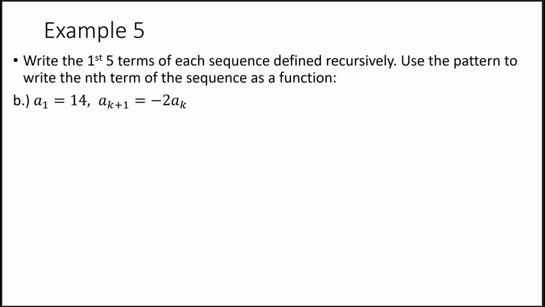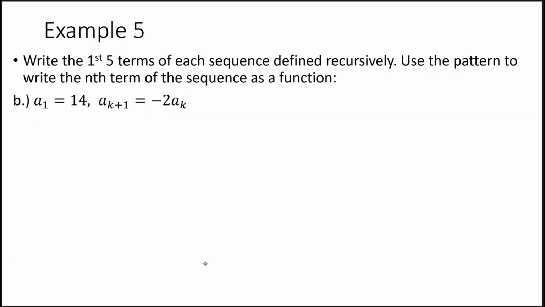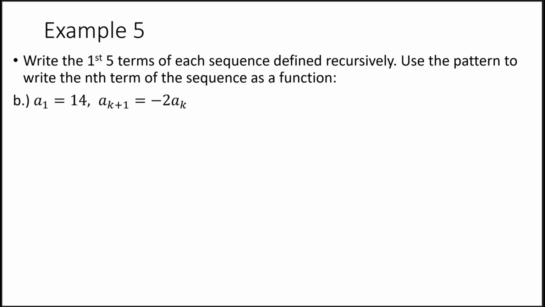So, you want to go ahead and do this one here, and that will be the last one. Go ahead and try that. Again, you're going to list out the recursive terms, and then try to find the sequence. A hint, you're going to be multiplying by negative 2, repeating.